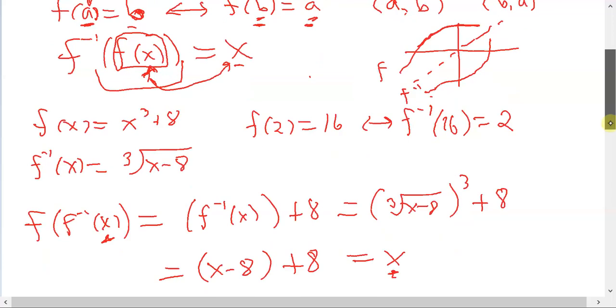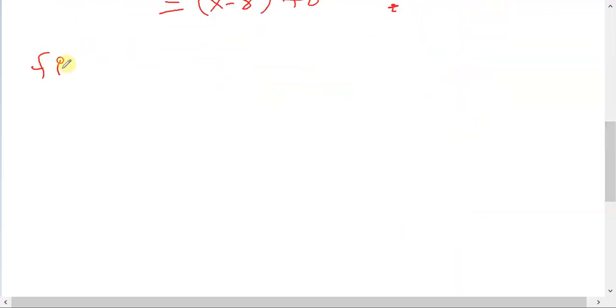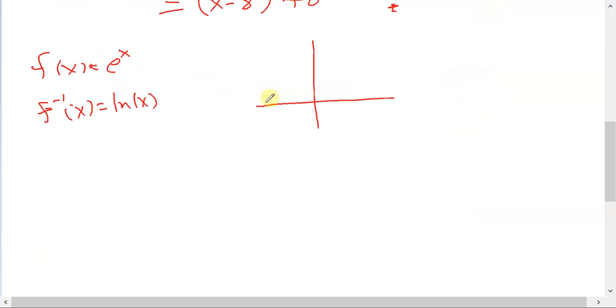Well, one of the important inverse functions for us is the fact that if I have f of x equals e to the x, then its inverse function is, we just make up a name, natural log of x. I can draw its graph. Here's the graph of e to the x. Remember, it's an exponential growth problem. And so f inverse, which is natural log, would have this graph, which we've already seen.